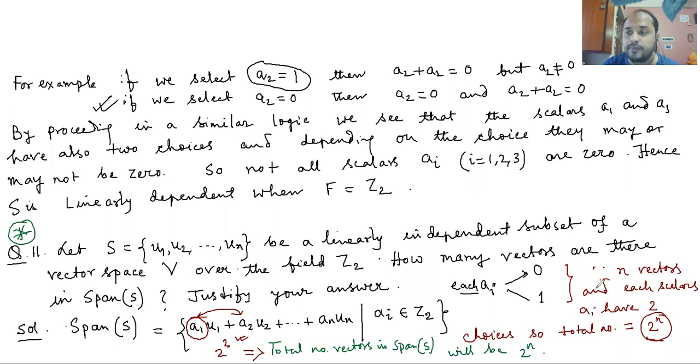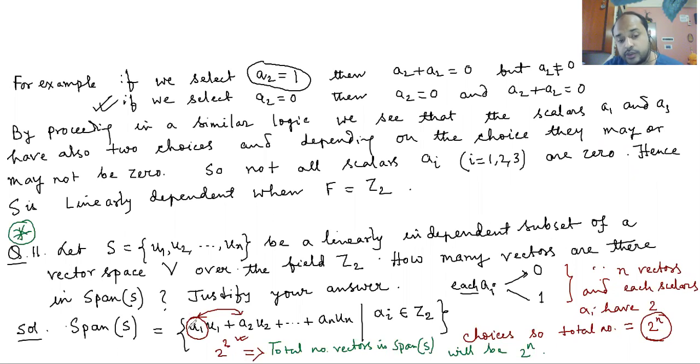You already know from our previous example that Z2 is a finite field with some operations, and it has only two elements, 0 and 1. So each of these scalar quantities can have only two choices, 0 and 1. If we have two choices for A1, for each of these choices, the second scalar can be chosen in two ways. So the two scalars can be chosen in two into two ways, that is two squared ways. This is the fundamental rule of counting.